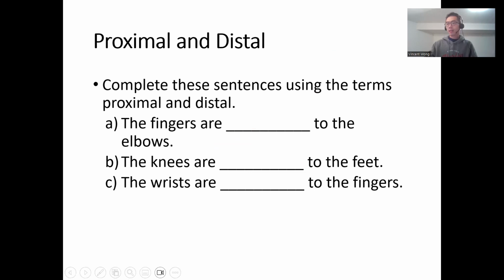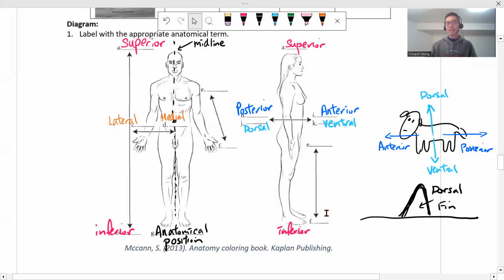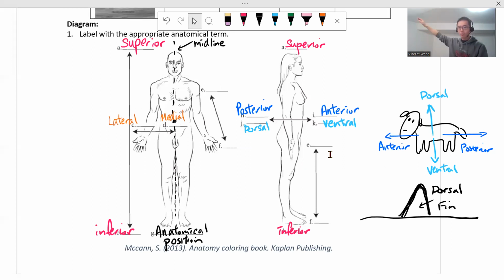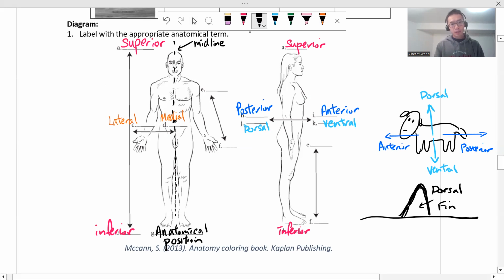All right. Next is proximal and distal. We use proximal and distal when we talk about things that are on the arm, on the hand, on the whole arm, or things that are on the entire leg. Okay. If it's closer to the shoulder, we say proximal.